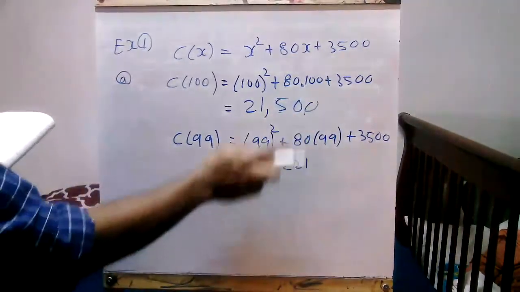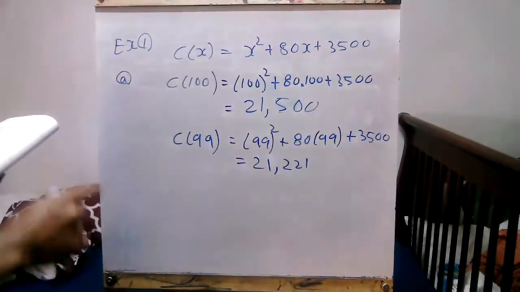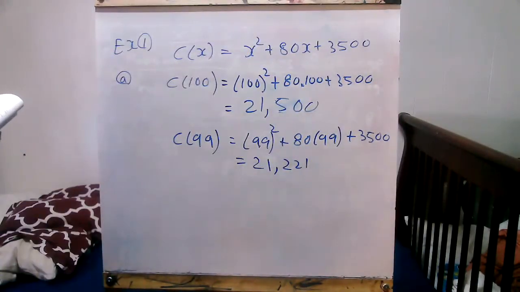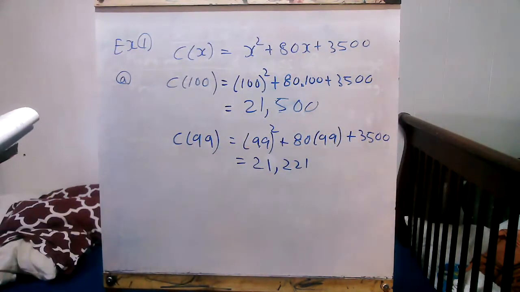This is from the book. I just copied it down, right? So producing 100 radios is 21,500. Producing 99 radios is 21,221.